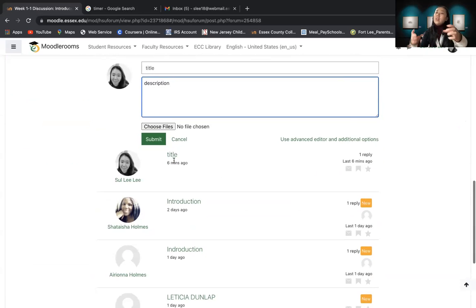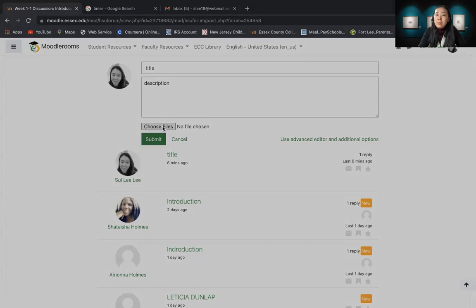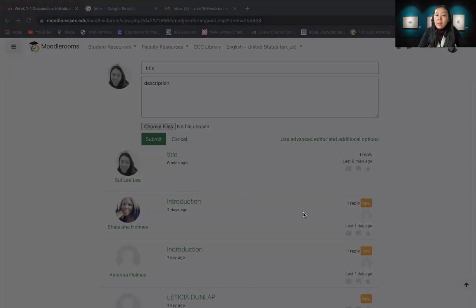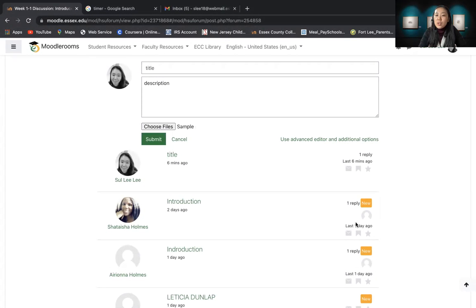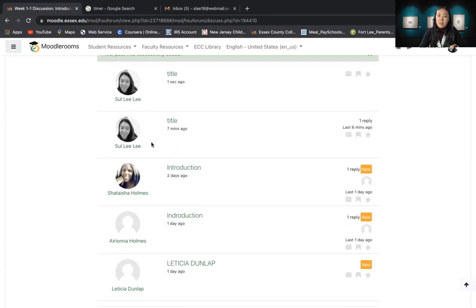Then you take a picture of your work process and save the picture on your computer. Then upload the picture by clicking this gray button, choose file, and choose the picture you took. Then just hit the submit button.